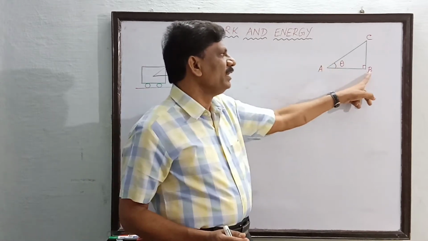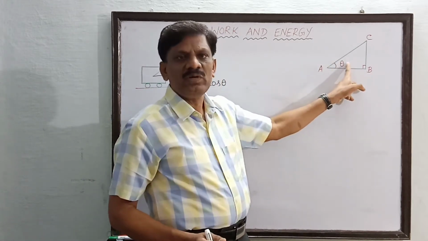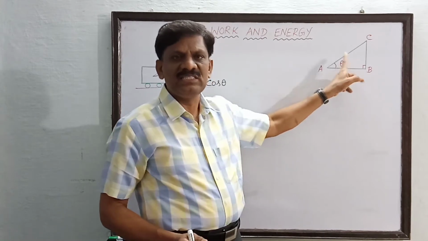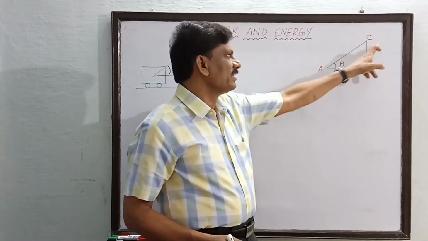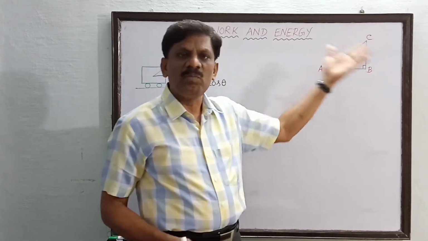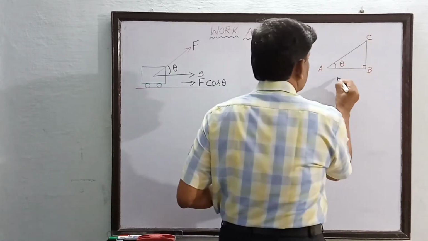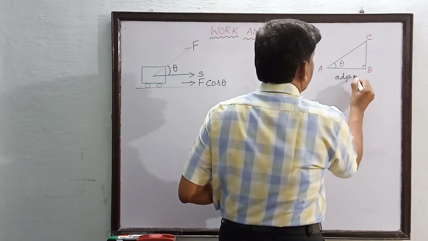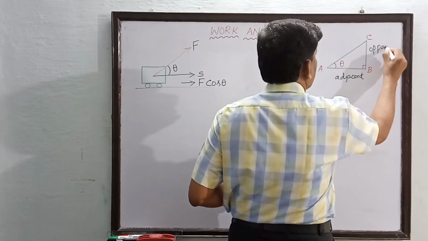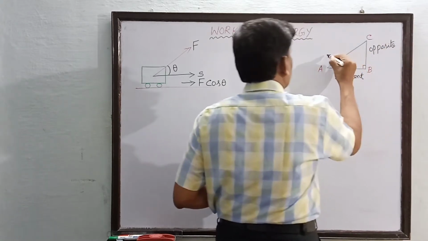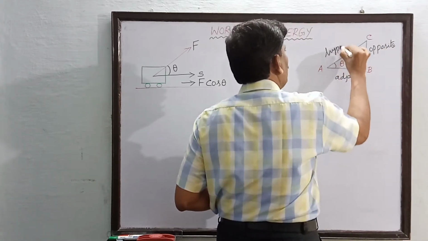The side AB which is nearest to theta is called the adjacent side, and the side BC which is exactly opposite to theta is called the opposite side. So AB is the adjacent side, BC is the opposite side to the given angle, and AC is the hypotenuse.